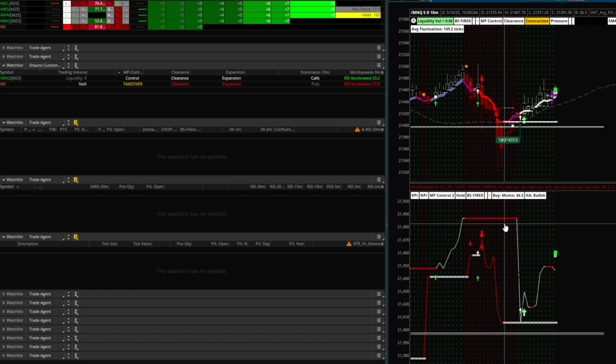Sellers were in control this entire time. As I look at what I coded down here, I don't have to worry about wicks and candlesticks and all these candlestick formations. I don't have to let this throw me off. It doesn't affect my mind because this is so smooth.